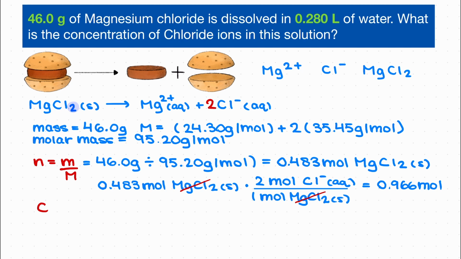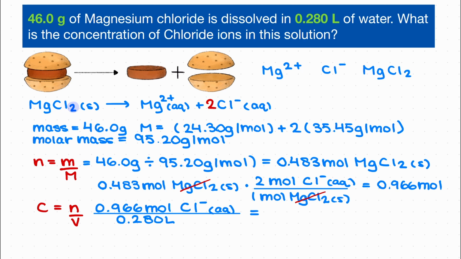Our final step is to find our concentration. So we know that concentration is equal to moles divided by volume. We have our moles of Cl negative. We have 0.966 moles of Cl negative aqueous in our volume of 0.280 liters of water. Now, notice that we are given our volume in liters, so we don't need to convert it.